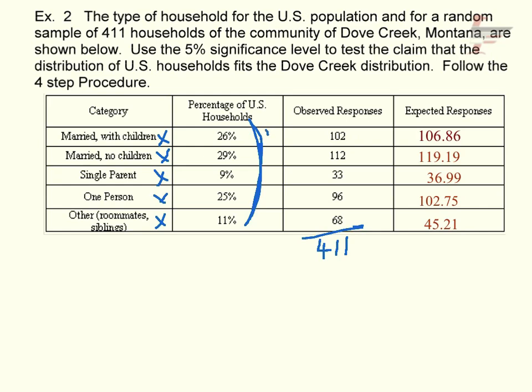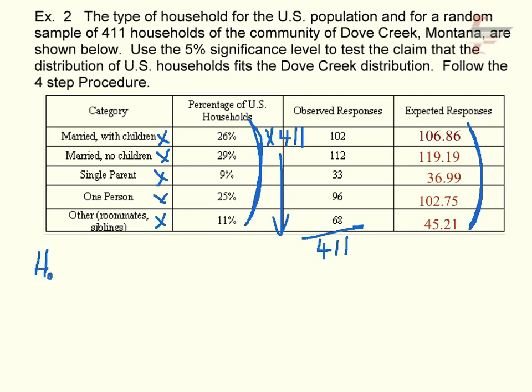We did that by multiplying each one of these percentages by 411. So we did that for each category, and we did carry it out to 2 decimal places here, and notice that all of these are greater than 5, so they're greater than 1 as well. So it does meet the condition for doing the chi-square goodness of fit.